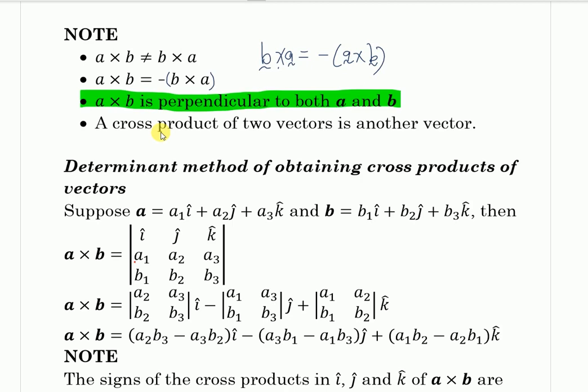So take note of that. And then I think you have already realized that a cross product of two vectors gives another vector. For the dot product, it was giving us a scalar quantity. This one is a vector quantity. A cross product of two vectors is another vector.